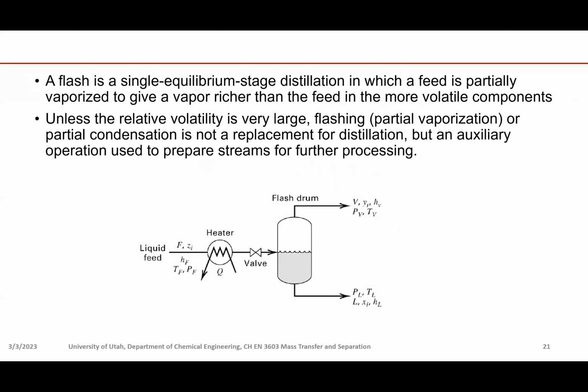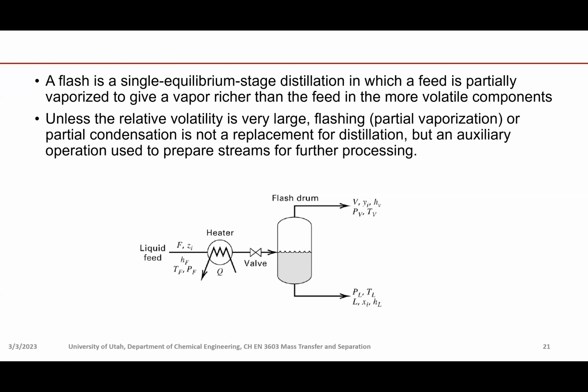This process is called flash because typically we have a liquid phase made of many components, and then we can partially vaporize it, either by adding heat to increase its temperature, or by reducing pressure using a valve. Then we will produce vapor, and this process is called flash, and this separation unit is called a flash drum.